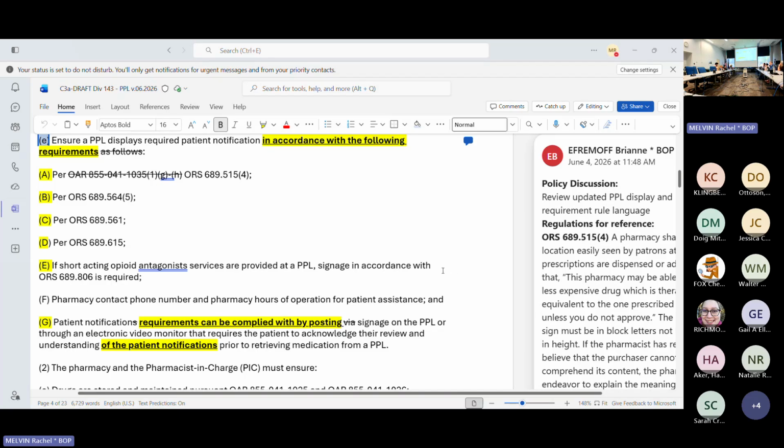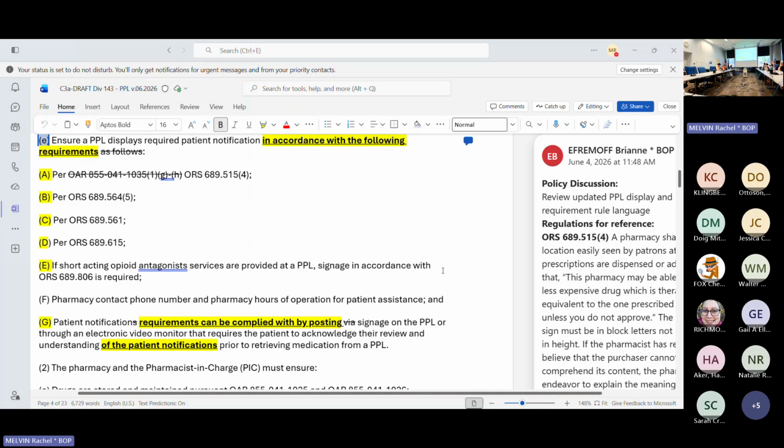Paren E states if short-acting opioid antagonist services are provided at a PPL, signage in accordance with ORS 689.806 is required. This law would not apply unless the outlet is providing short-acting opioid antagonist services in real time at the locker, which may be a business model someone chooses to use, but this would not include dispensing a short-acting opioid antagonist requested by a patient via prescription or OTC.